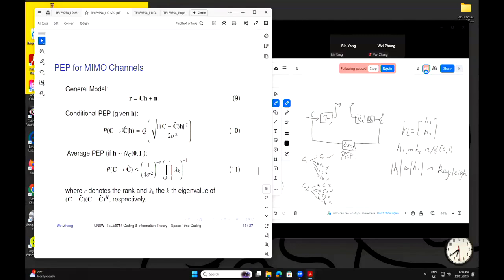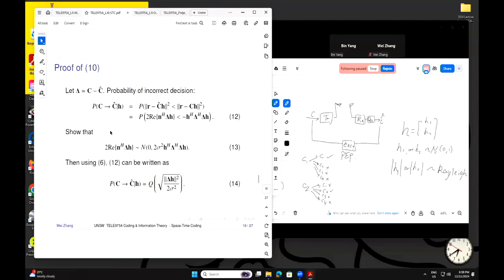What happened? Otherwise, you cannot write beyond this step, because the first step is the probability of C going to C hat. What's next? If you don't understand this detection error and how it can be in error, then you cannot go to the next step. You'll be stuck in the first step.